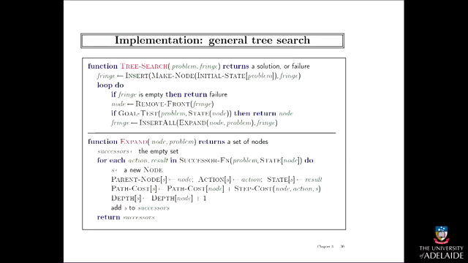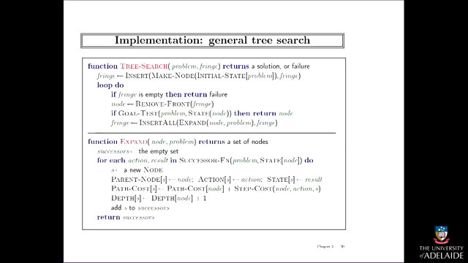So here's an implementation of a general tree search. Okay, so we have our problem, and this thing here, fringe, is representing the set of things that we're currently considering, the set of potential actions or states that we're currently considering. And what this tree search will return is a solution or the impossibility of reaching a solution, some kind of failure.